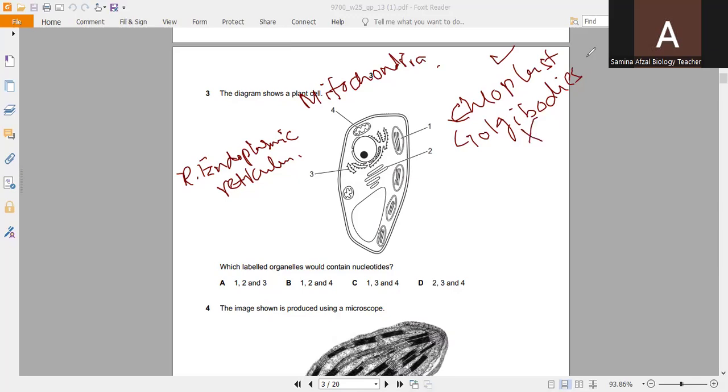And number 3, the rough endoplasmic reticulum: as you know, it has ribosomes attached to it, so you can say it contains nucleotides. And the mitochondria contain their own DNA and RNA, so they also contain nucleotides. So according to this, 1, 3, and 4. C option is the correct option.